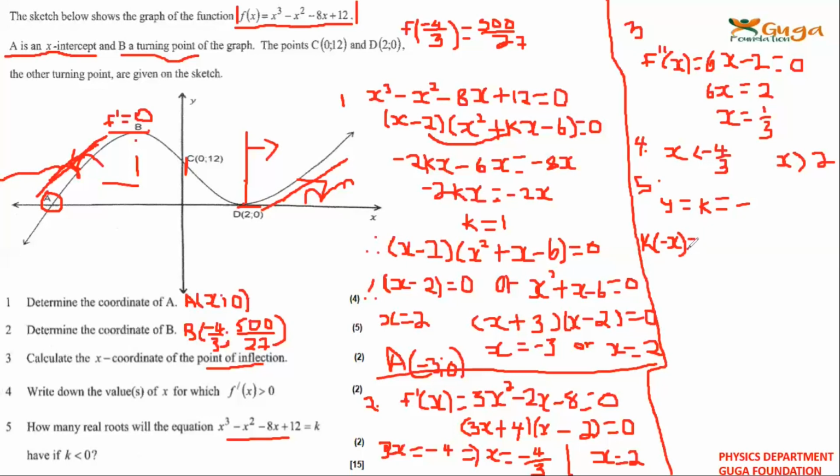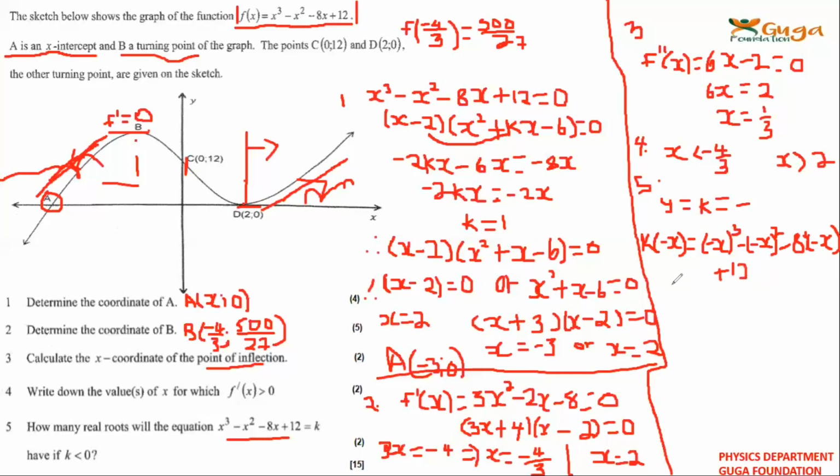So that should be equal to negative x to the power 3 minus negative x to the power 2, minus 8x, which is negative x, plus 12, right?